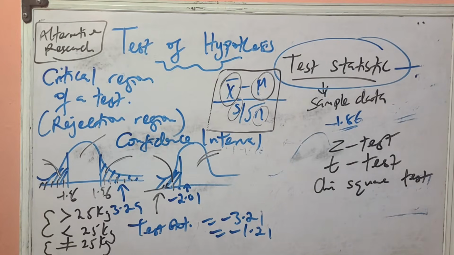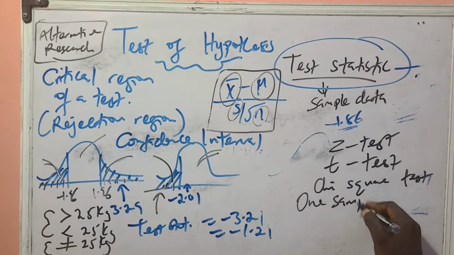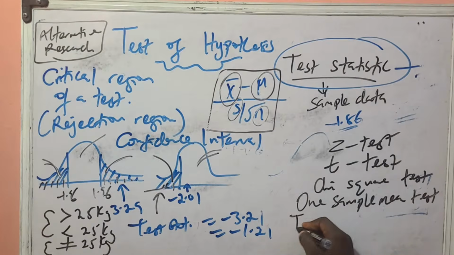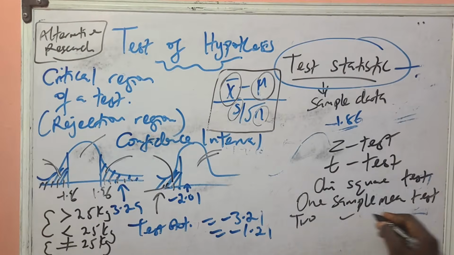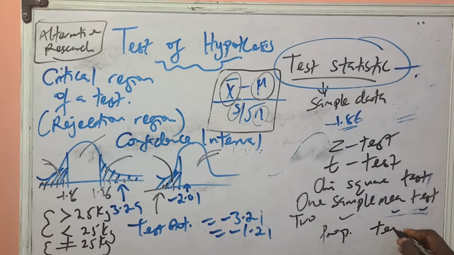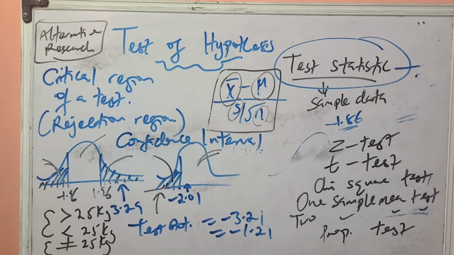We'll be talking about also one sample mean test. Then we'll also talk about two sample mean tests. Then we'll also talk about proportion test. One sample proportion test and thereabout. So these are some of the testings we'll be talking about in some coming classes.